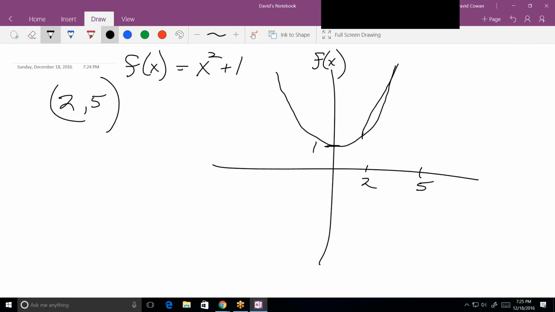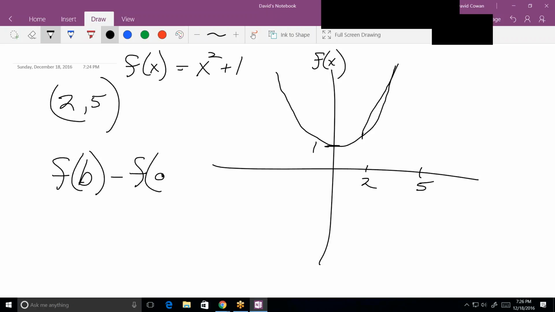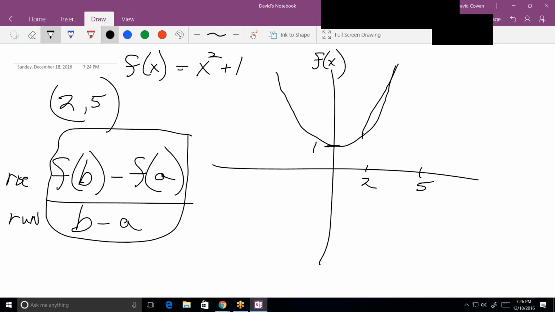How do I get that? I get it by f of my higher point minus f of my lower point, that's the rise, divided by the run. In other words, this is the rise, this is the run. So this is always what you're going to be using when they ask for average rate of change.